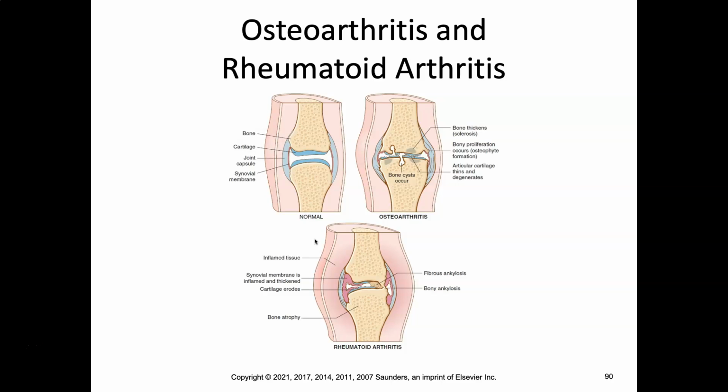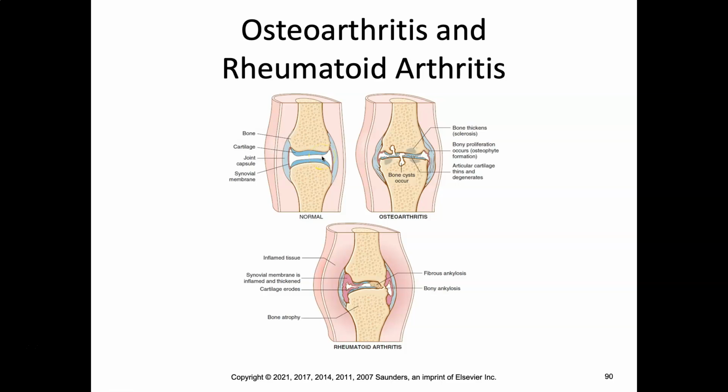Okay, so on the left is a normal joint. And it shows us, if you're looking at it, up here you can see the blue between the bones. That's the cartilage. And then you've got the joint capsule and the synovial membrane, and this white area is the synovial fluid. And so that's what it looks like if it's normal. You've got the bone, you've got the cartilage, you've got the space in between with the fluid.